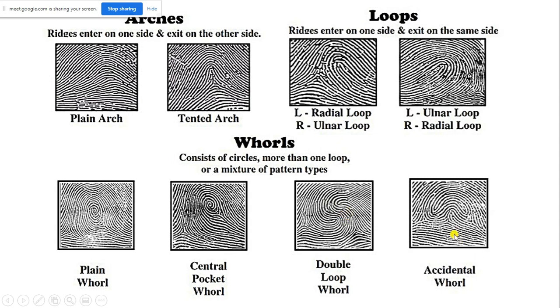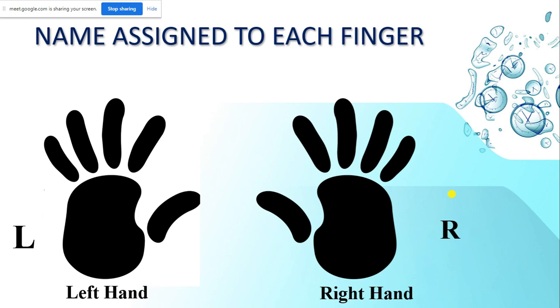And there is accidental whorl, which is not defined under a proper whorl characteristic, but it is placed under the valued pattern.